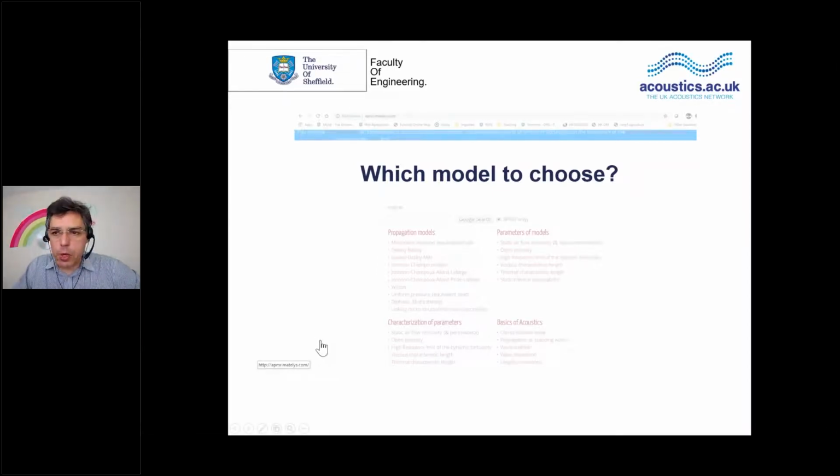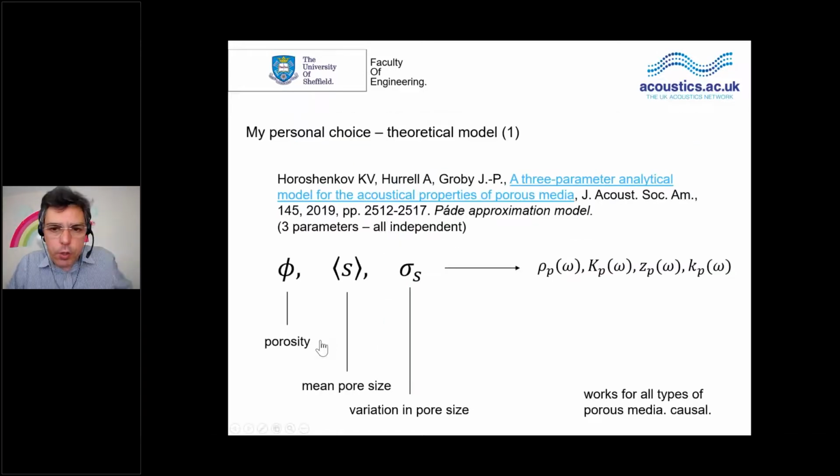And I think there are 3 models which are worthwhile to use. Obviously, my personal first choice is the model I developed in collaboration with my colleagues in Le Mans in France. This model is basically a 3-parameter analytical model, which predicts dynamic density, bulk modulus, characteristic impedance, and the wave number in a porous medium of any type, based on 3 parameters: porosity, mean pore size, and variation in the pore size.